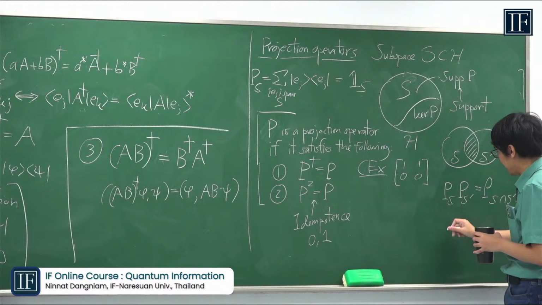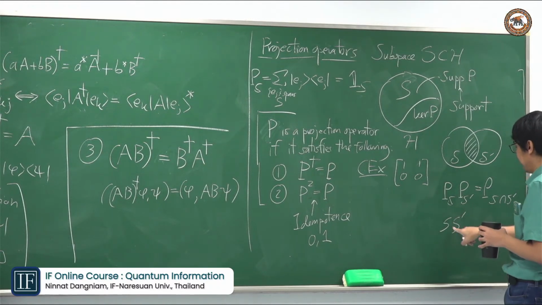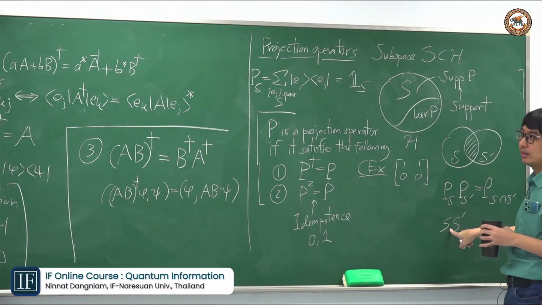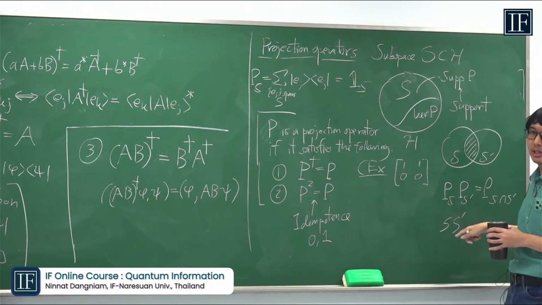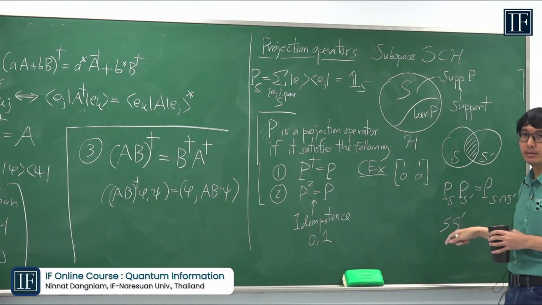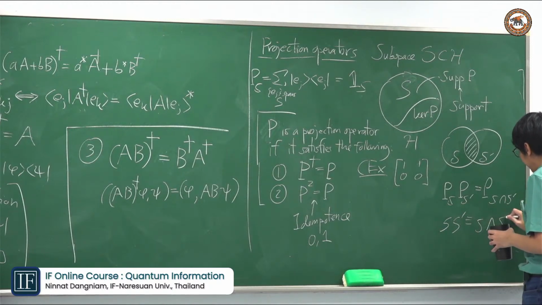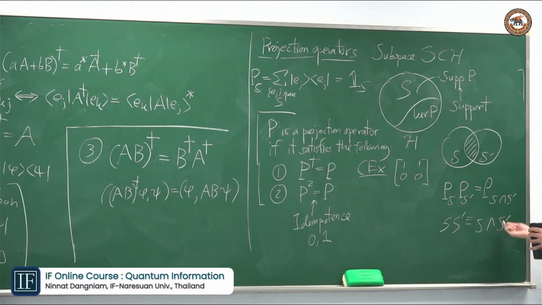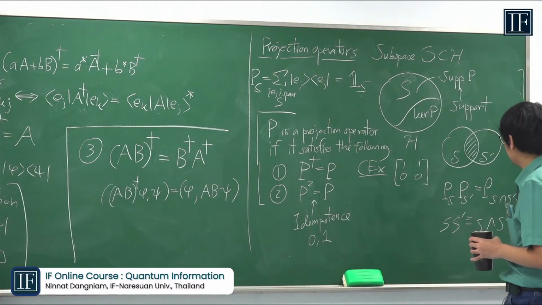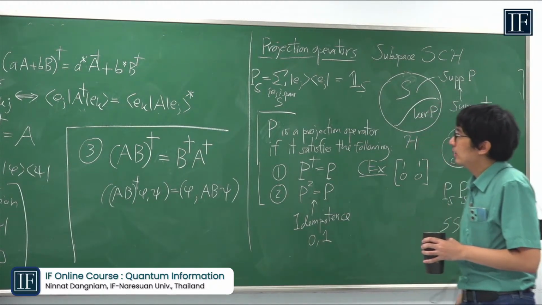Because earlier we said that if I have propositions S and S prime and I juxtapose them like this, it was by definition the intersection. And then I mentioned that the algebra of projection operators also follows the Boolean algebra.